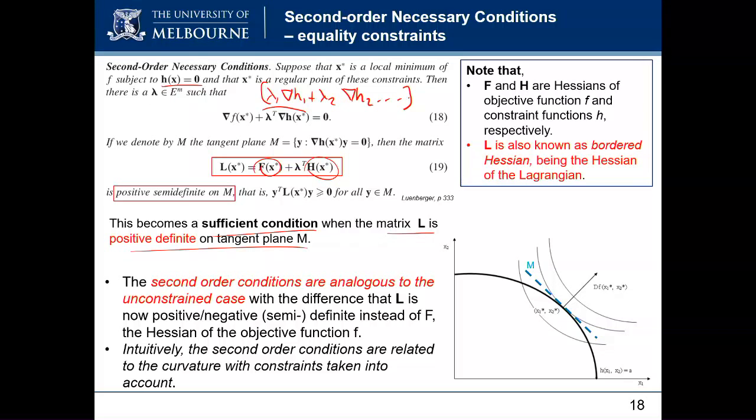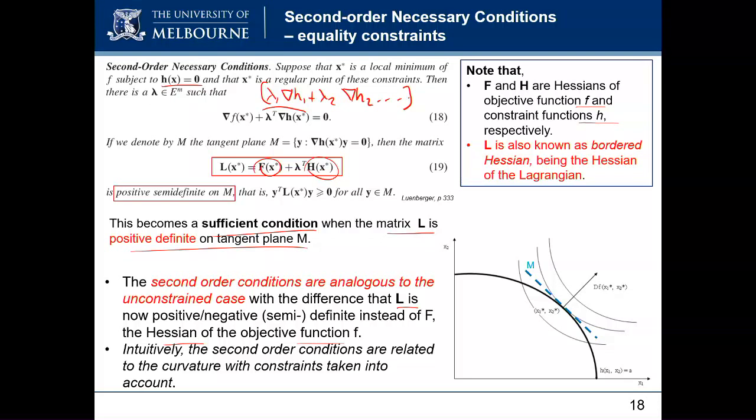We look at the curvature of the combined thing. F and H are the Hessians of the objective function and the constraint functions respectively. And then the second order conditions are analogous to the unconstrained case. The difference is now we have a matrix coming from the Lagrangian instead of the Hessian of the objective function. So this is intuitively related to the curvature, but with constraints taken into account.